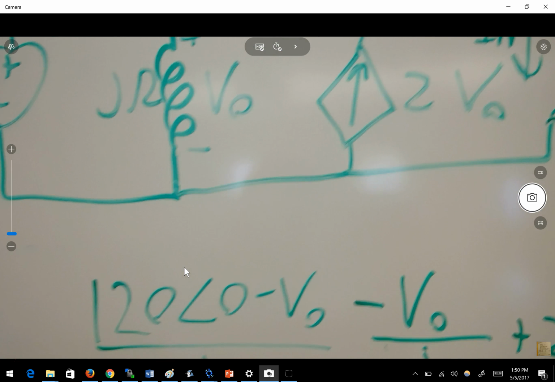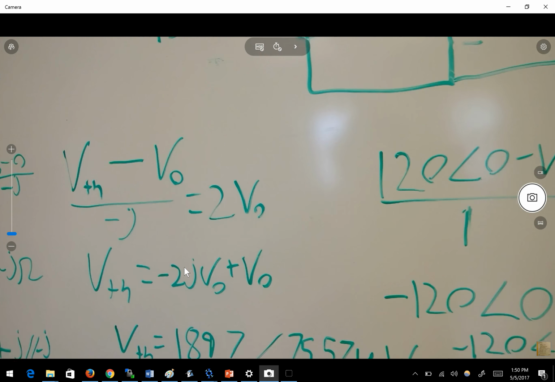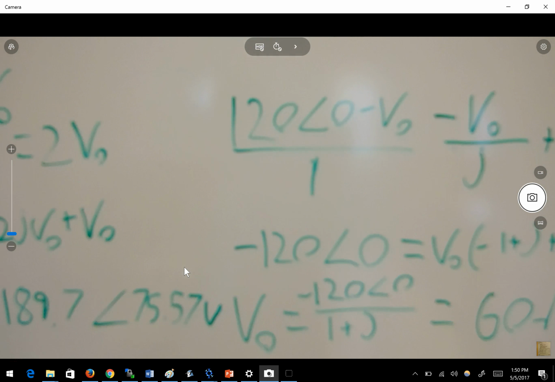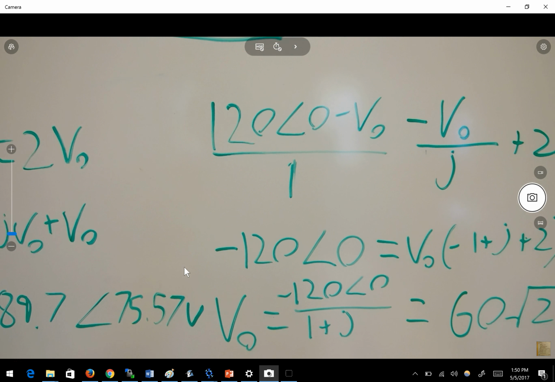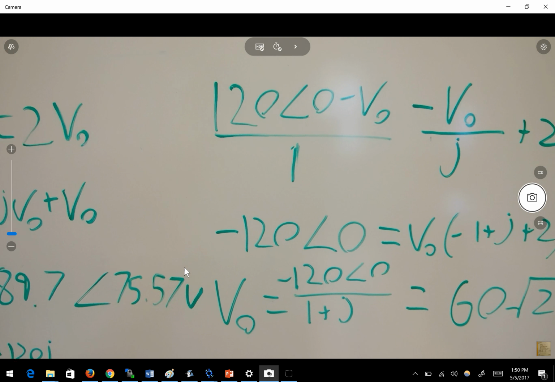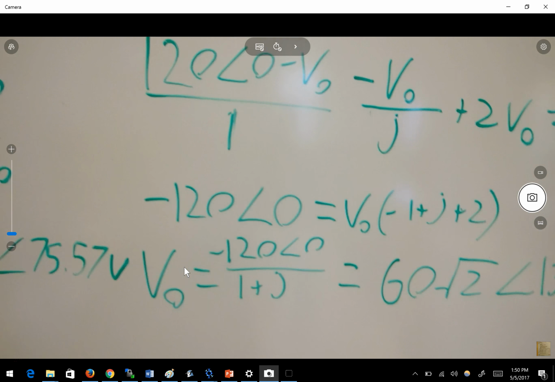And Z Thevenin is V Thevenin over I Norton. And he found V Thevenin. Now, you guys haven't found V Thevenin yet, right? But we should be able to back it out if we know what the power is. At least we can find the magnitude, so we can see if we got this right.